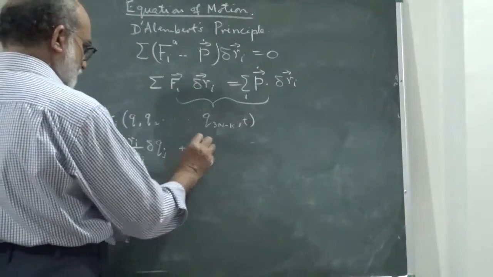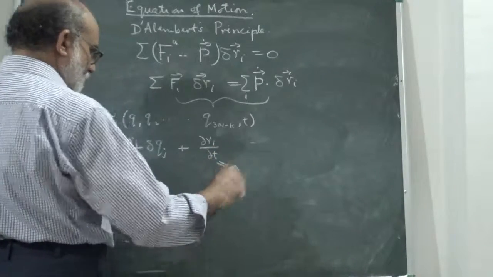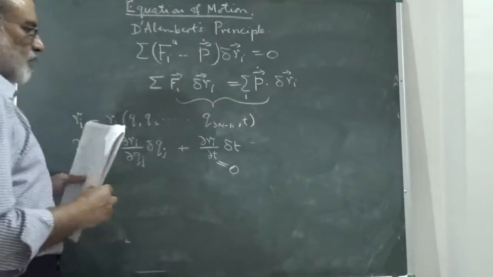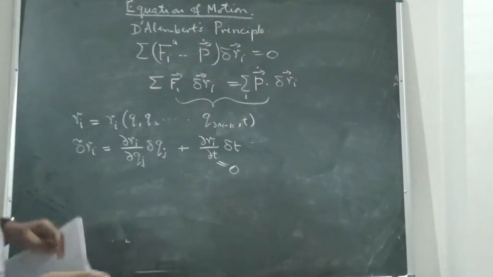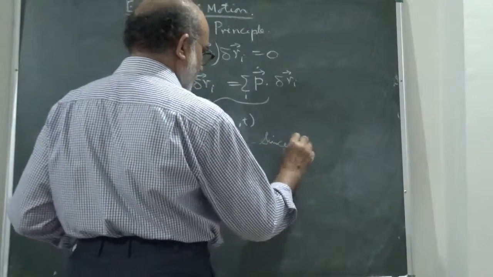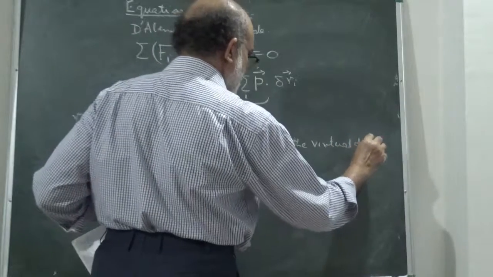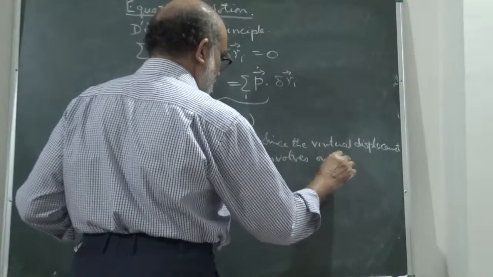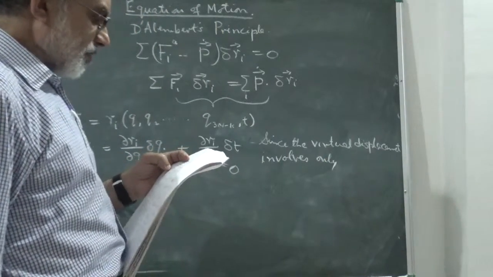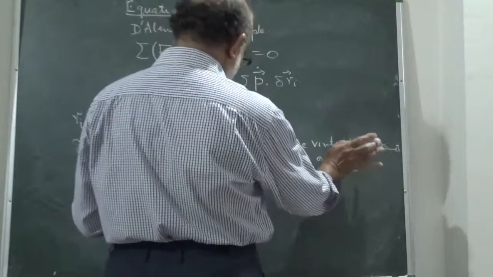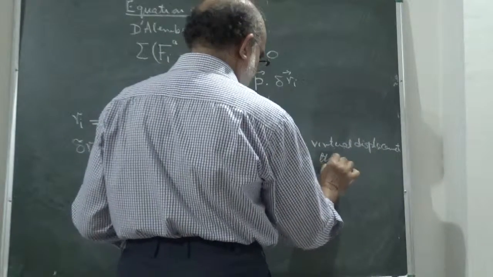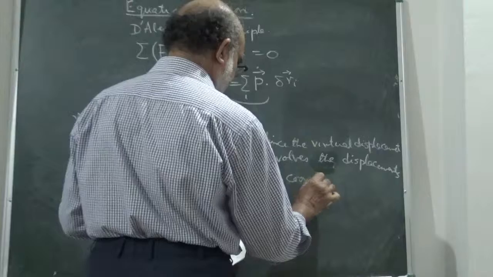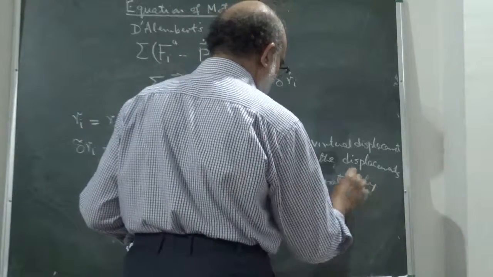I am taking delta Ri by delta t as 0, because the virtual displacement involves only the change of coordinates, not its variation with time.